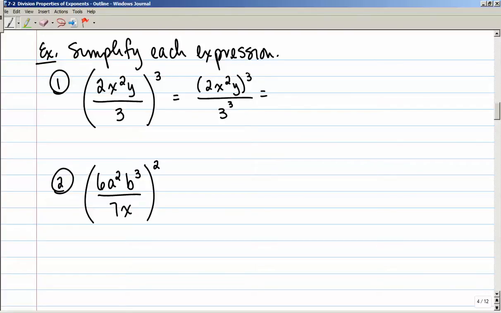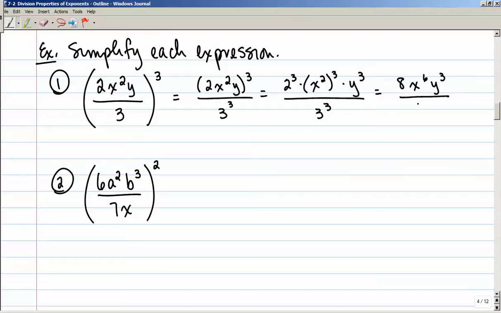This 3 is not multiplied by the coefficient 2, but it's actually 2 to the third power times x squared to the third power times y to the third power, all over 3 to the third power, or 2 to the third power is 8, x squared cubed is x to the 6th, y cubed over 3 cubed is 27.